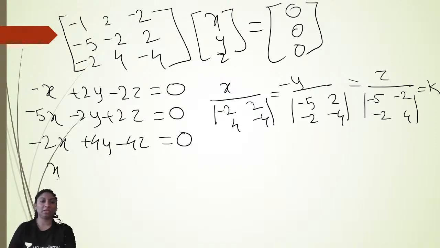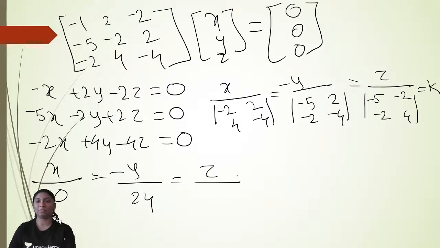Okay, so x upon the determinant of this: minus 2 into minus 4 plus 8, 8 minus 8, 0, is equal to minus y upon plus 20 and minus 4, so plus 24, is equal to z upon minus 20 and minus 4, so minus 24, is equal to k.